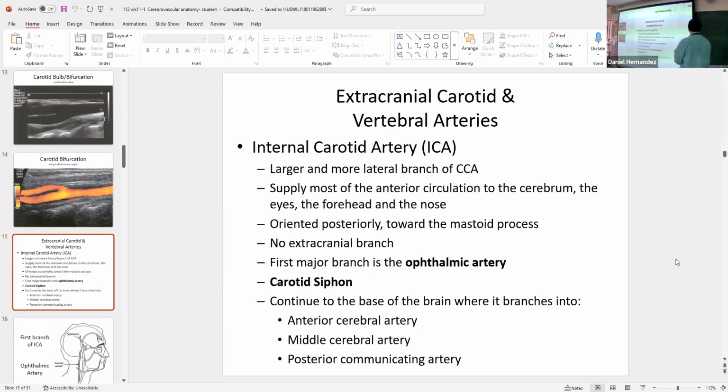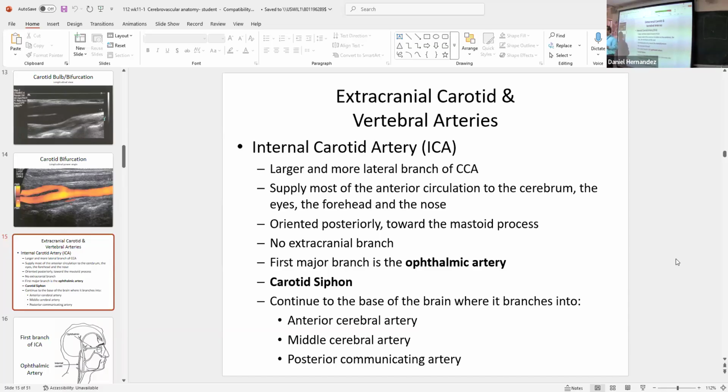Right, so the internal carotid artery now. I'm just going to speak generally because it's not 100% true for everyone. In general, the ICA, the internal carotid artery, is larger than the external carotid artery, and it's more lateral.